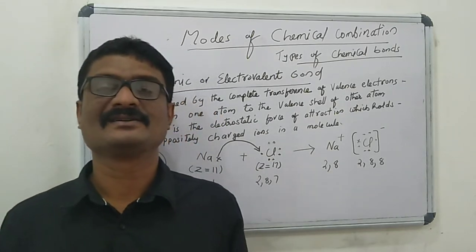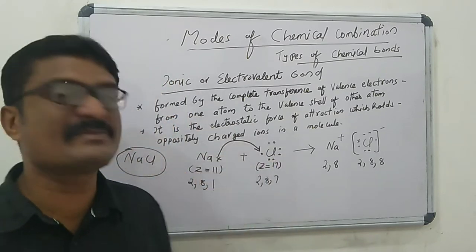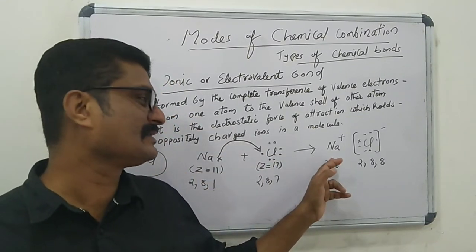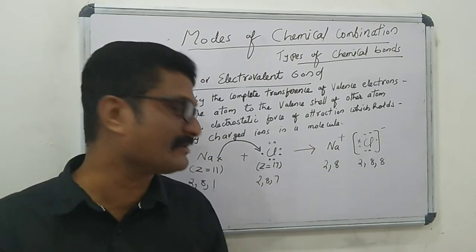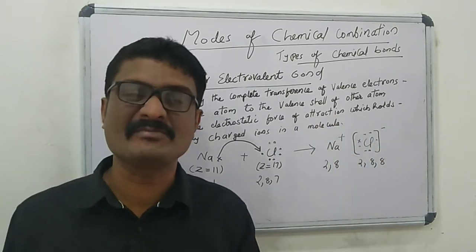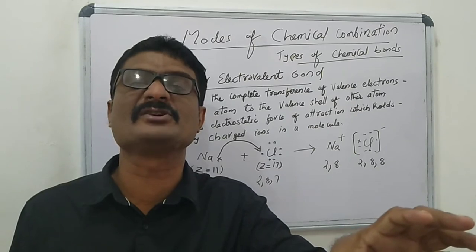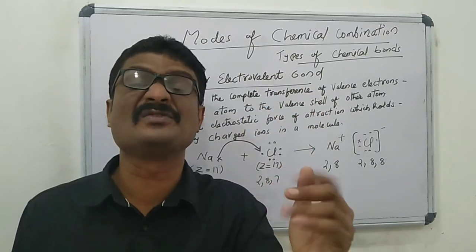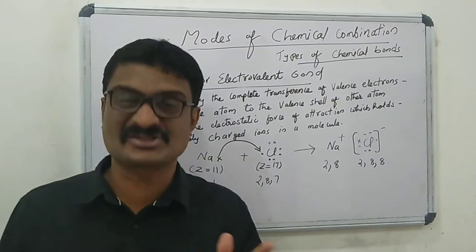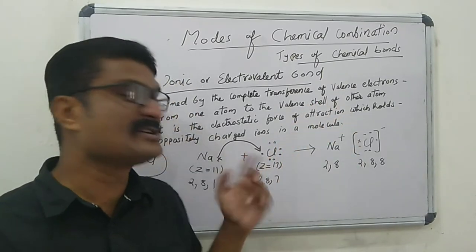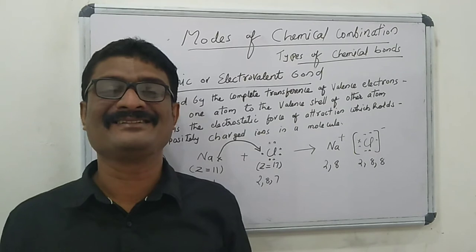The next main point is that it is formed between metals and non-metals. Sodium is a metal, chlorine is a non-metal, and ionic bond is formed between atoms of metals and non-metals. An atom is electrically neutral.